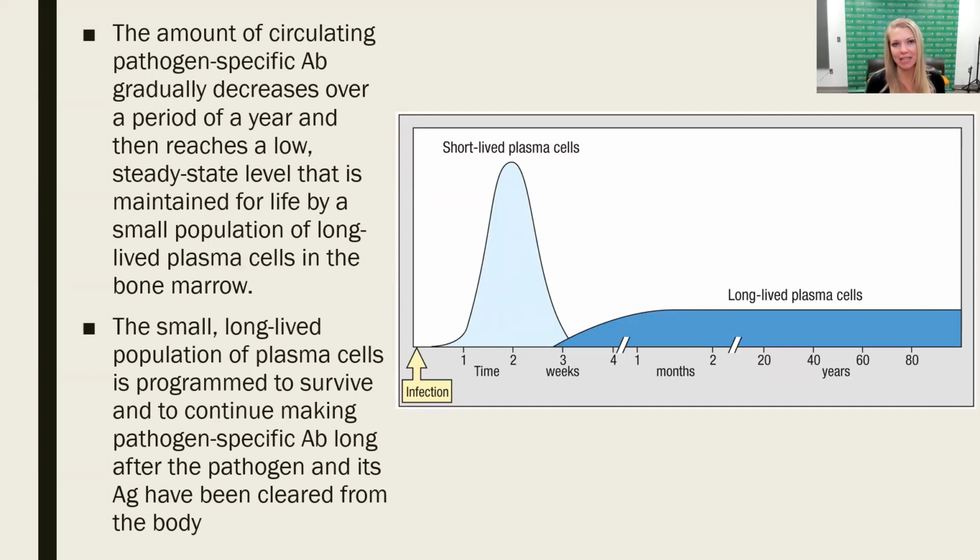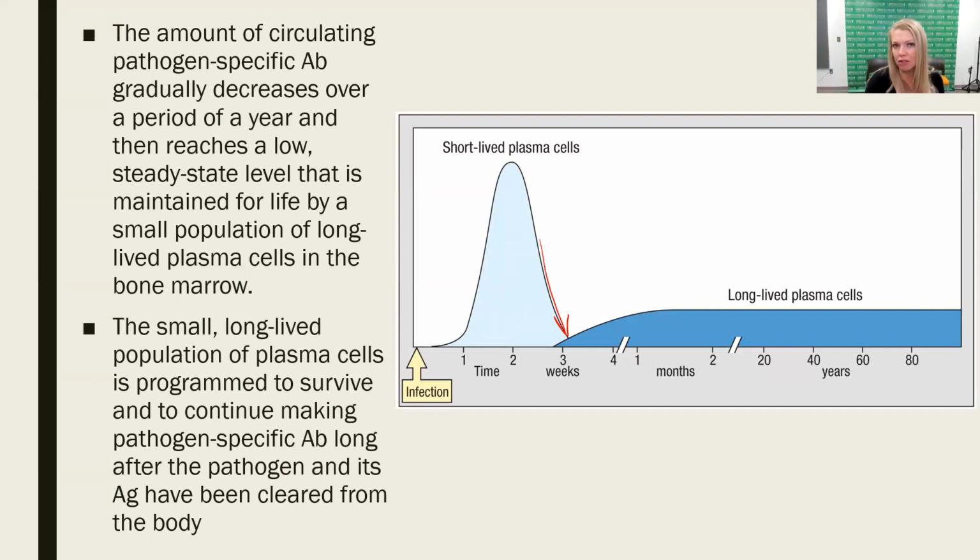We call it an antibody titer. The higher the titer, the more antibody you have per milliliter or per microliter of plasma. And so it's a short amount of time where you have a high antibody titer, but then it's going to eventually drop as the number of plasma cells producing that antibody drops.